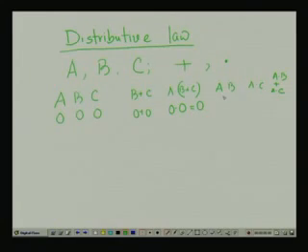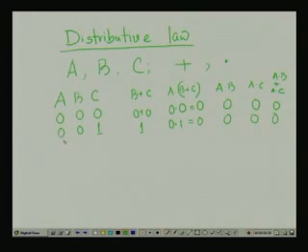Here A dot B is also 0, A dot C is also 0, then this is 0 plus 0, 0. Now, if we do 0, 0, 1, similarly, this is 0 plus 1, 1, A dot B plus C is 0, this is 0, this is 0, so this is again 0.